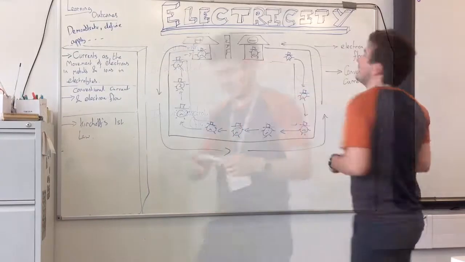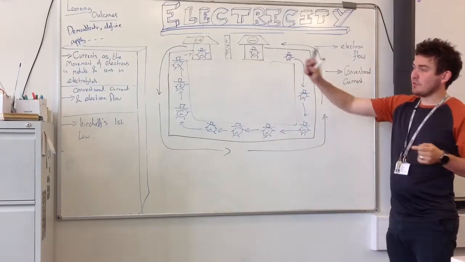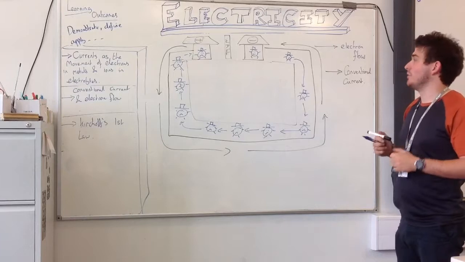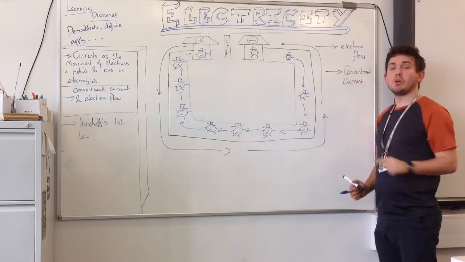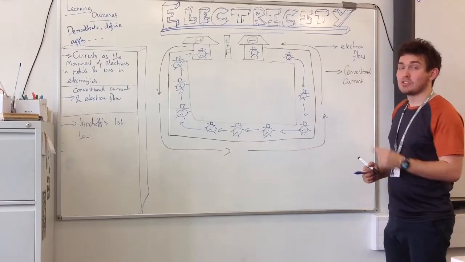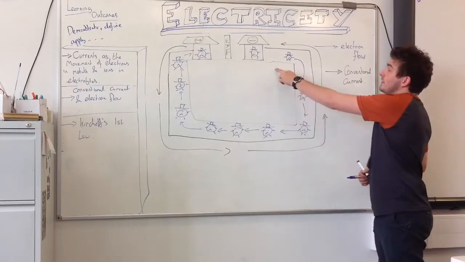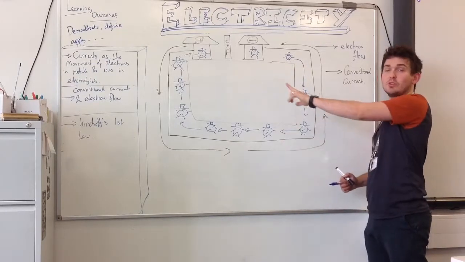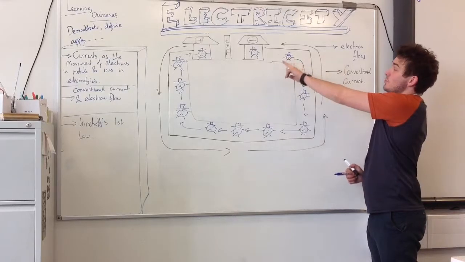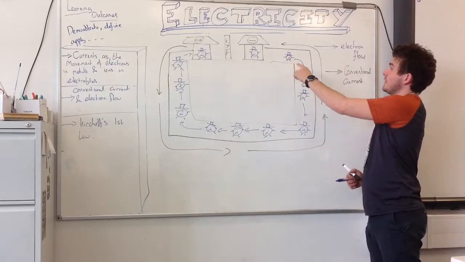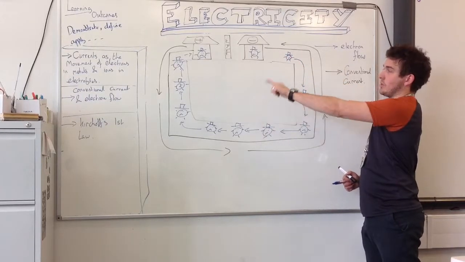Cool. The next thing we need to be aware of is the difference between conventional current and electron flow. They're both the same process. One is just the actual thing that's taking place, and that is that the electrons are being forced to move within our wires, and they move from the negative to the positive side. We can see the path of Mr. Electron here.